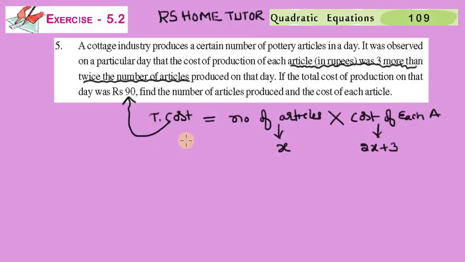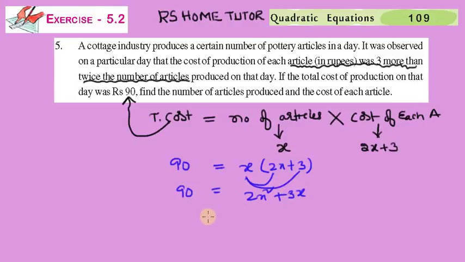So 90 is equal to the number of articles, already we have taken it as X, times 2x plus 3. Now simplification: 2x square and 3x, a simple multiplication with x.